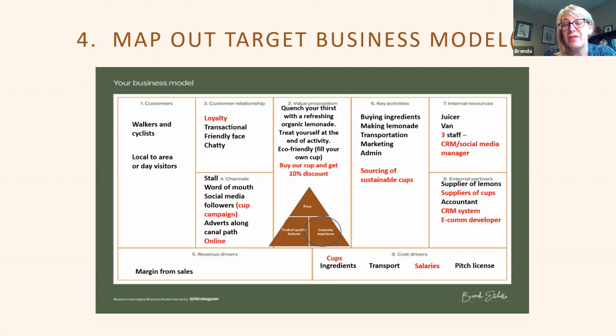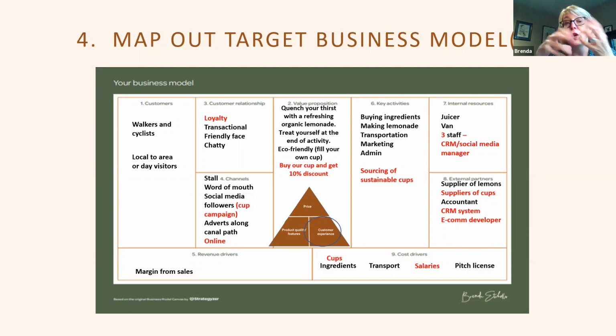So the extra activity I need to do then is actually source these sustainable cups. I'm going to take on an extra member of staff because there's an extra big activity now to do. And I'd like that member of staff to focus on the social media side of my business for me. I need to find a supplier of cups.